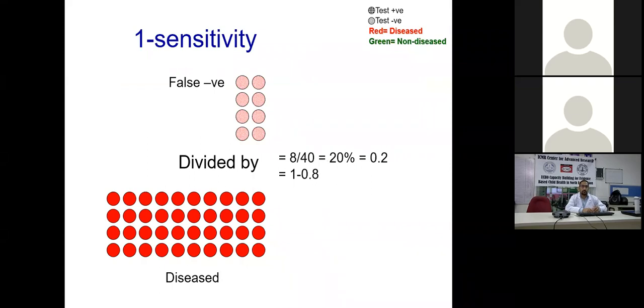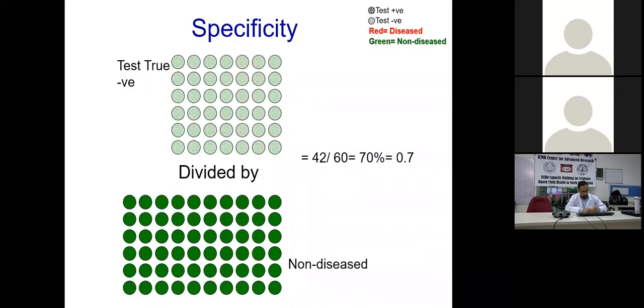The denominator is the same, the diseased individuals, which in this case, as you can see, is 8 by 40 or 20% or 0.2. And that is exactly the opposite of sensitivity. So sensitivity was 0.8 or 80%. 1 minus sensitivity is 20%. This is known as the false negative rate of the test.